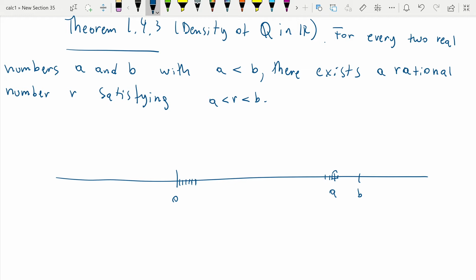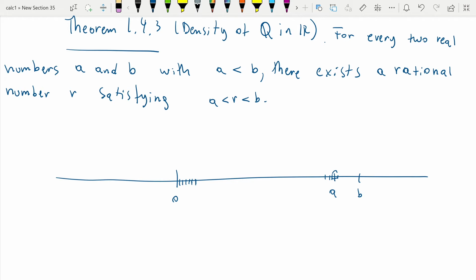So provided you divide the real line into really small intervals, if you take steps of size 1 over n for a really large n, at some point you're going to need to land somewhere in here.